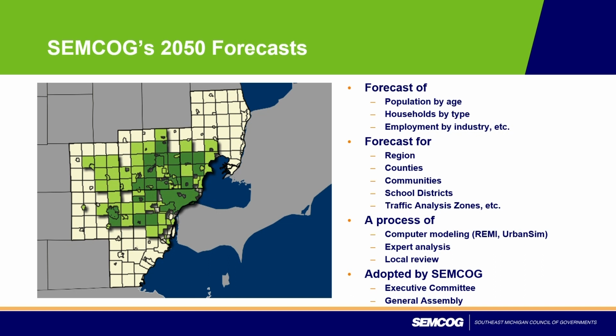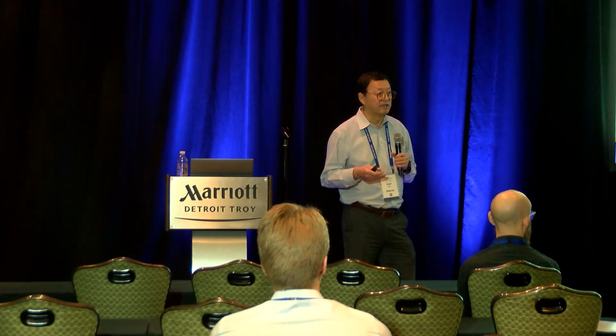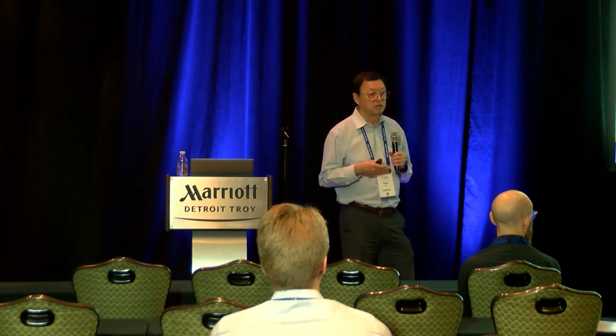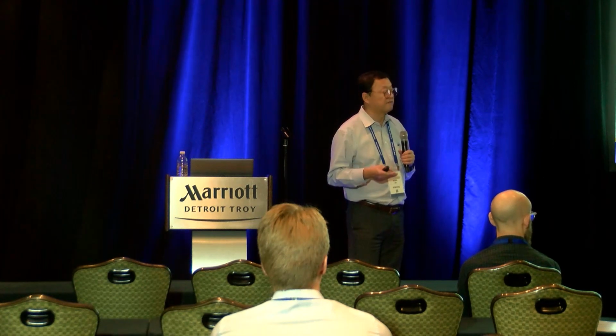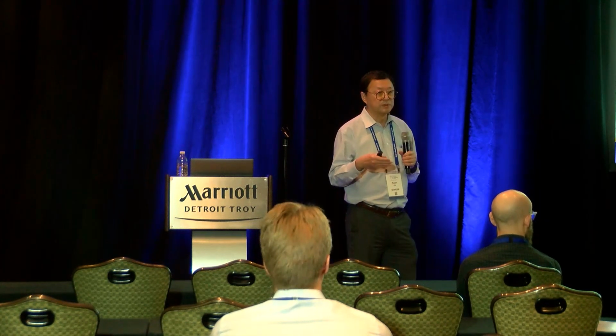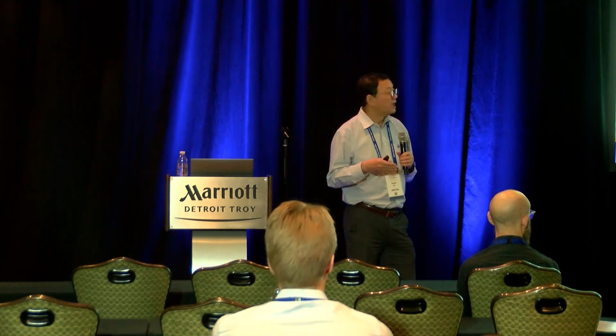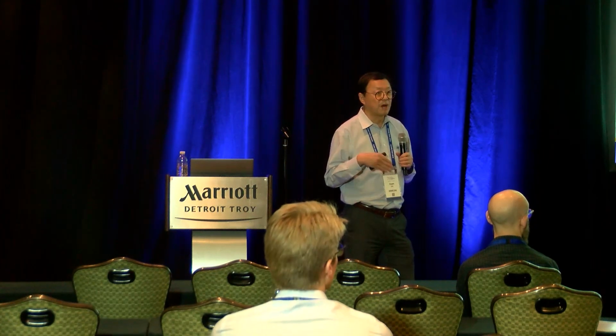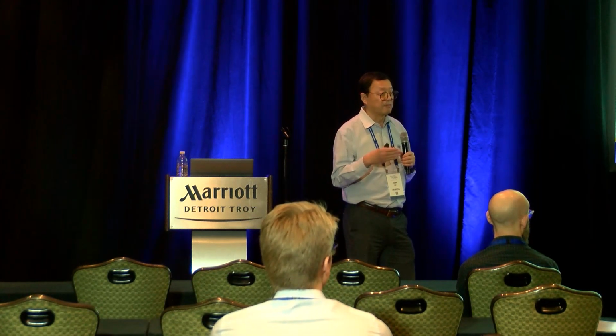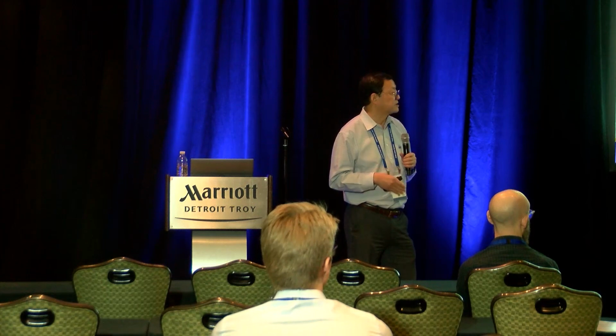Number one, we want to understand and educate our members about the big trends that are coming. I'm sure you heard about the recent discussions about Michigan population growth or lack of it, and Governor Whitmer's Grow Michigan Together initiative. So we want to take a closer look at our own region's population trajectory from now to the next 30 years.